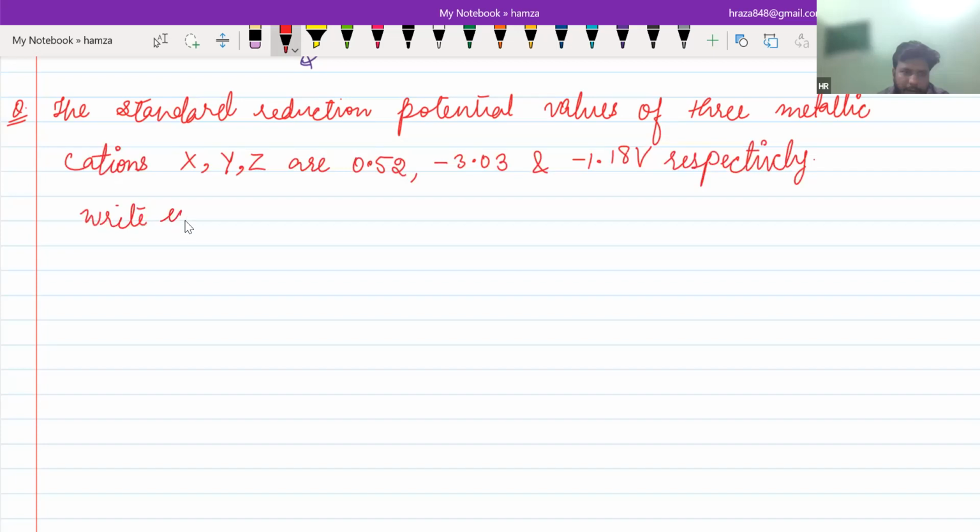Write in decreasing order of reducing power.